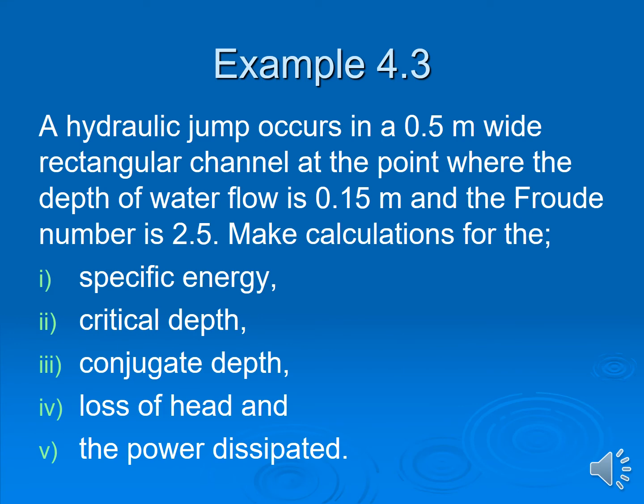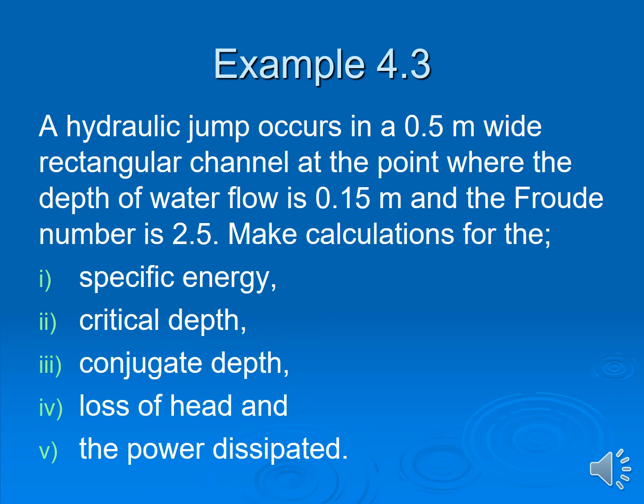Okay, let's look at the last example, example 4.3, where a hydraulic jump occurs in a 0.5 meter width rectangular channel at the point where the depth of water flow before the jump is 0.15 meters and the Froude number is 2.5.